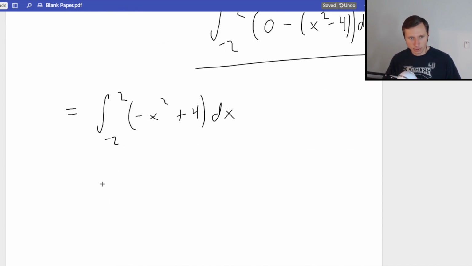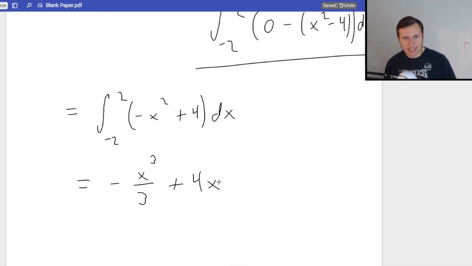I just need to take this integral. So the integral of this is going to be -x squared will become -x cubed divided by 3, because again, power rule, add 1. And then plus, what's the integral of 4? Well, that's just 4x. You just add x. I'm going to put parentheses around this, and then this is evaluated from +2 to -2.